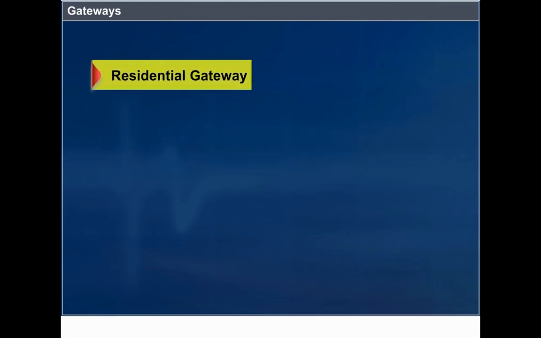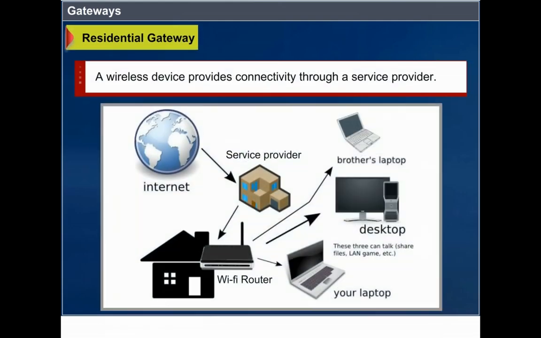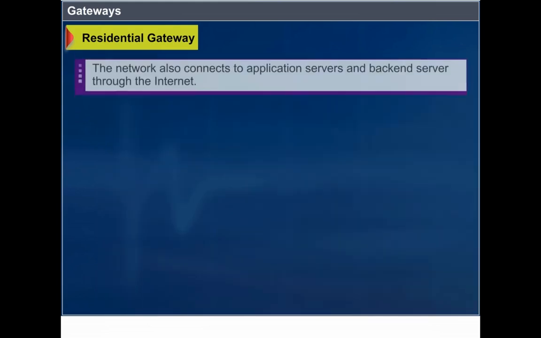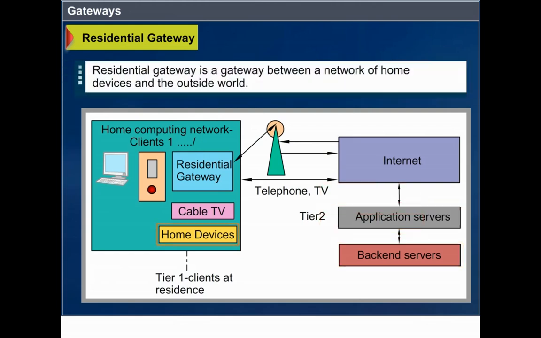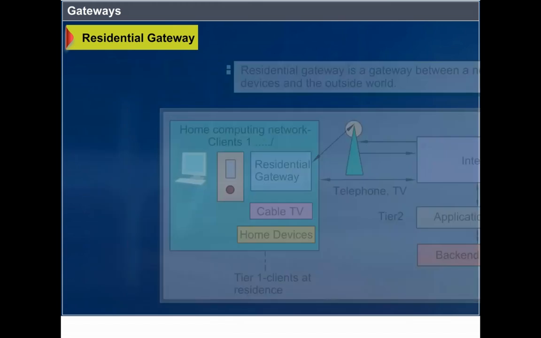Residential gateway, a wireless device which provides connectivity through a service provider. The network also connects to application servers and backend servers through the internet. Residential gateway is a gateway between a network of home devices and the outside world.